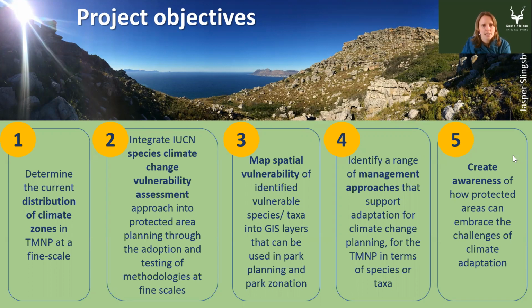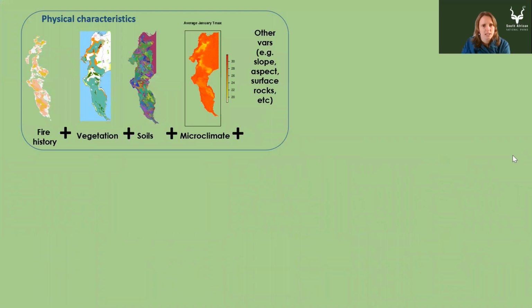So just to give you an idea of the workflow of our project, our collaborator Jasper Slingsby has been working on a number of aspects relating to how we define the physical characteristics of the peninsula. So for example, microclimate data in combination with soils and fire history, to provide an estimate of different climate zones and unique habitats across the area of interest.